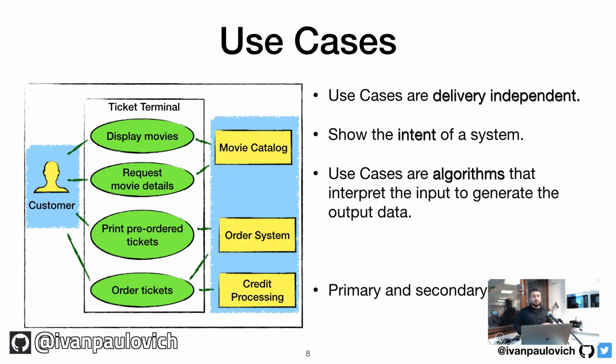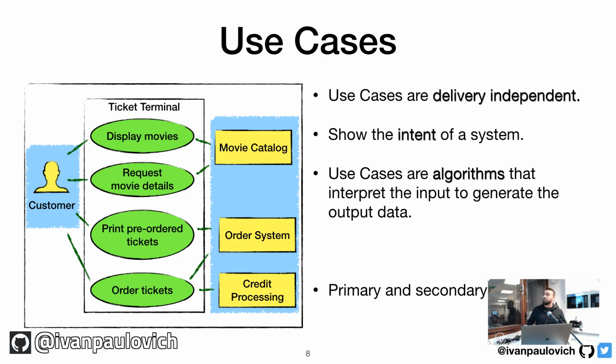In that case, movie catalog, order system, credit processing. The interesting thing about use cases is that they are delivery independent. Looking at these use cases, you can't assert whether it is a mobile application or a terminal running near the movie theater. The main focus of a use case is to show intent. When you list use cases, you can grasp what the system does.